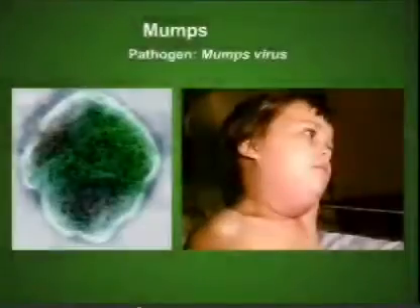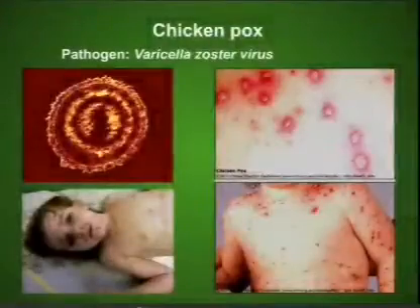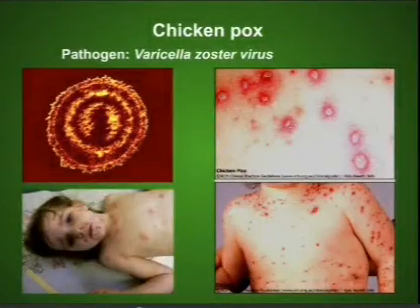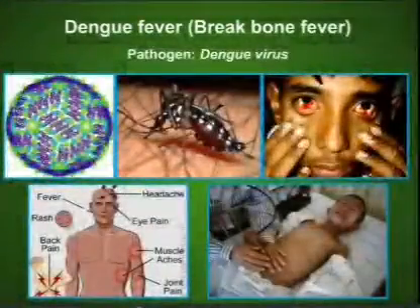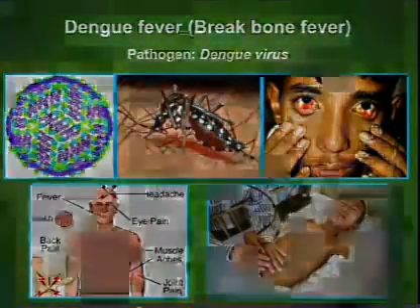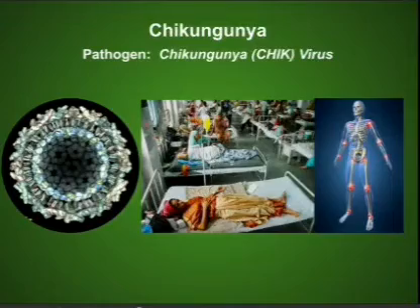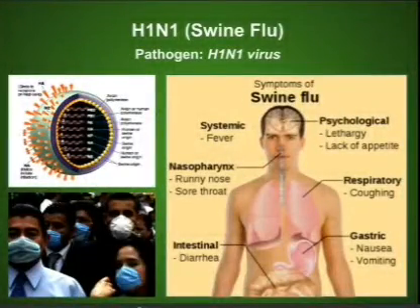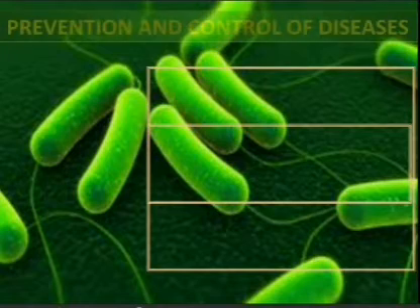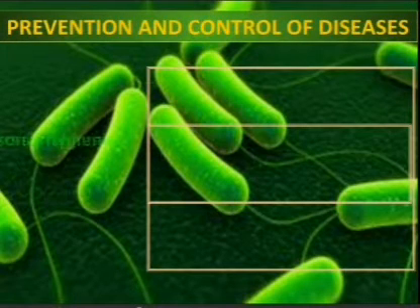The pictures and diagrams that you can see show different diseases and their symptoms which appear on the body. The polio disease has already been eradicated from the world, and chikungunya, avian flu, and H1N1 swine flu are the reoccurring diseases which keep coming back to the human race again and again.